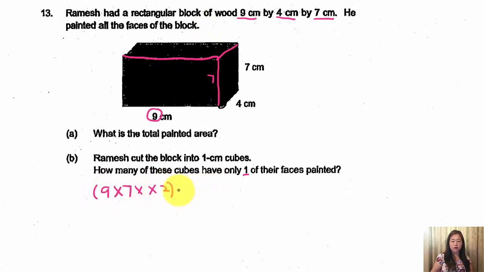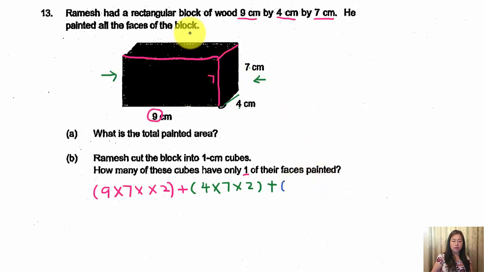And let's find the next surface, which is actually 4 here and 7 here. So it will be 4 times 7, and we multiply by 2 because of this side and the opposite side. And let's do the third one, which is actually the top.